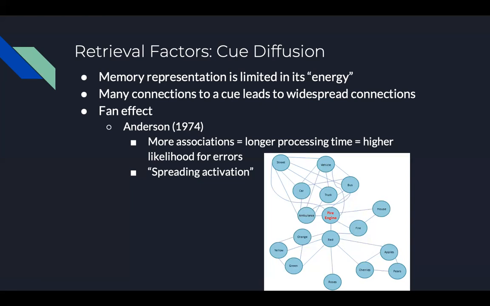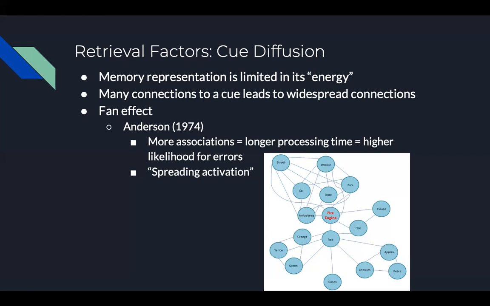Whereas maybe a word like red, if you were just to think of the word red, right? Maybe only cherries, apples, pears, like maybe those would be the only associations that you have. And so the concept of fire truck would require more energy because of its higher amount of association.